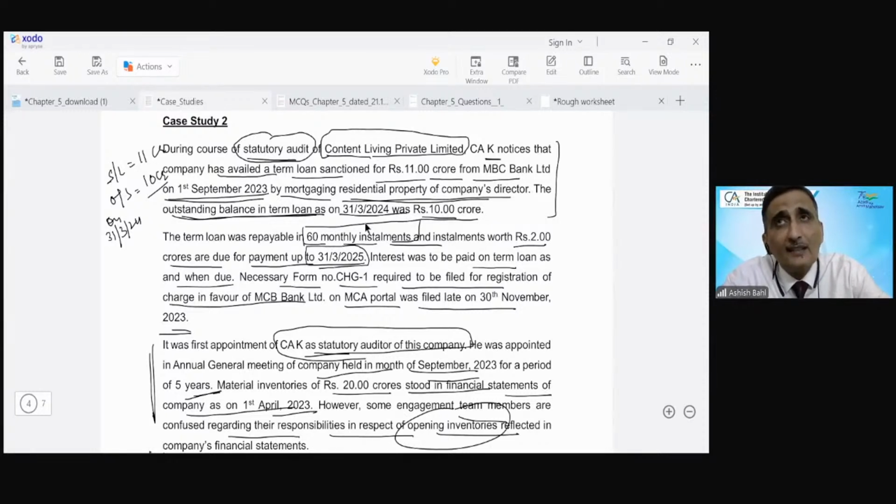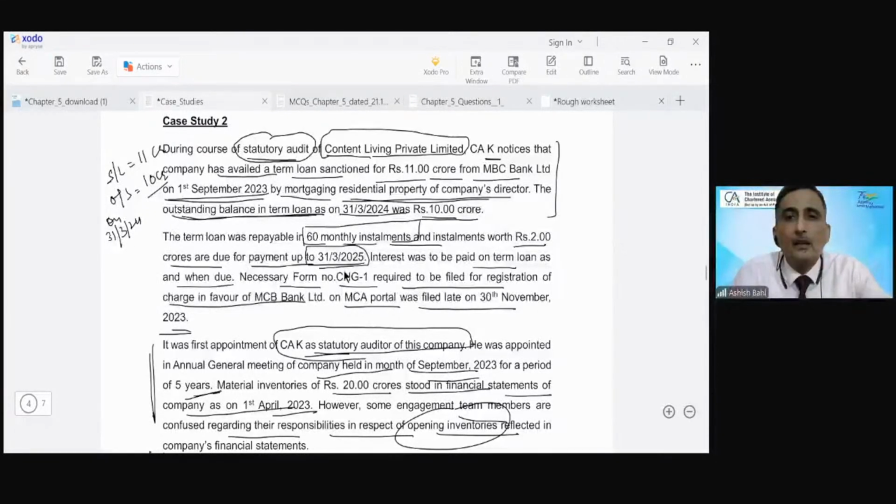10 CR. What is outstanding? Because the remaining amount has since been paid. So the term loan was repayable in 60 monthly installments, and installments worth rupees 2 CR are due for payment up to 31st March 25. Okay.